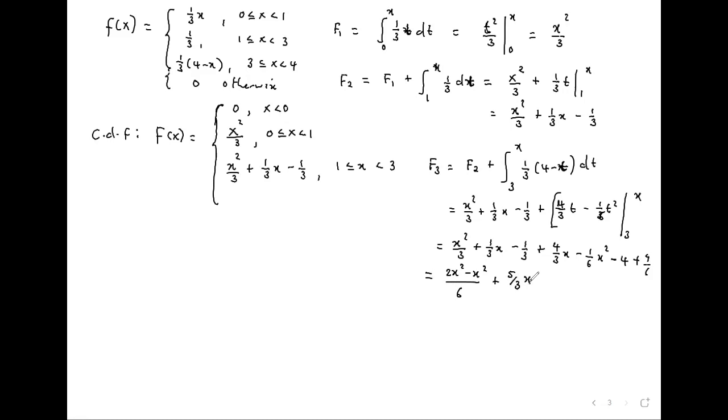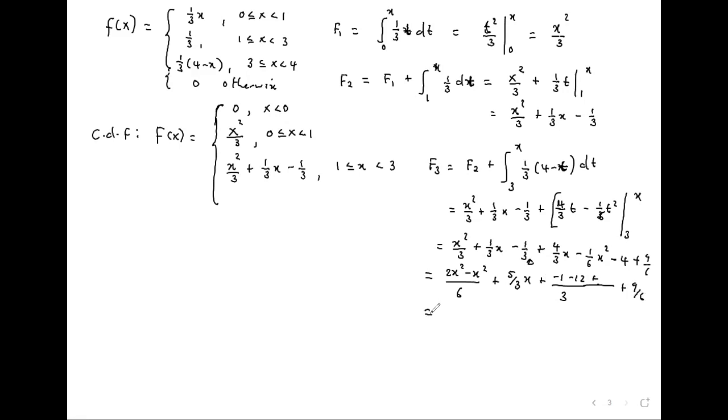And then the constant, 9 over 6. Let me just put 6 down. That will be minus 1 for this one here, and then for 4, it will be minus 12, plus 9 over 6.